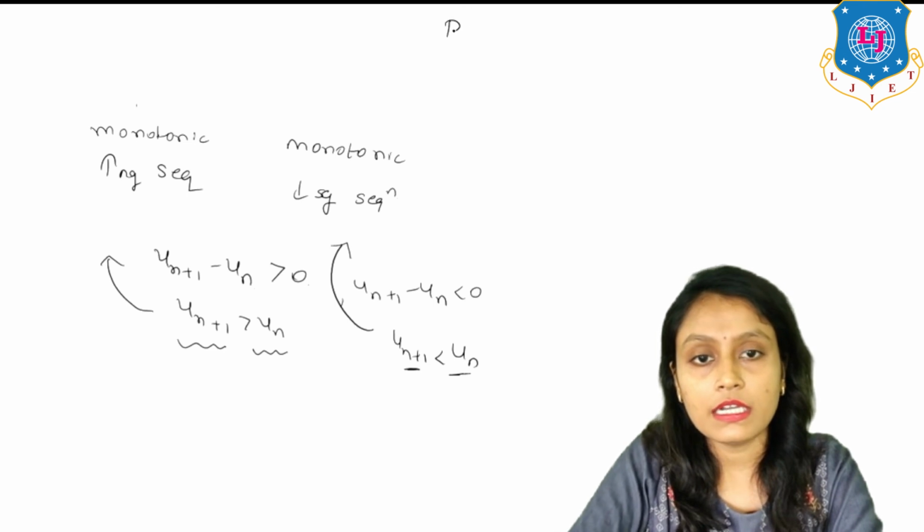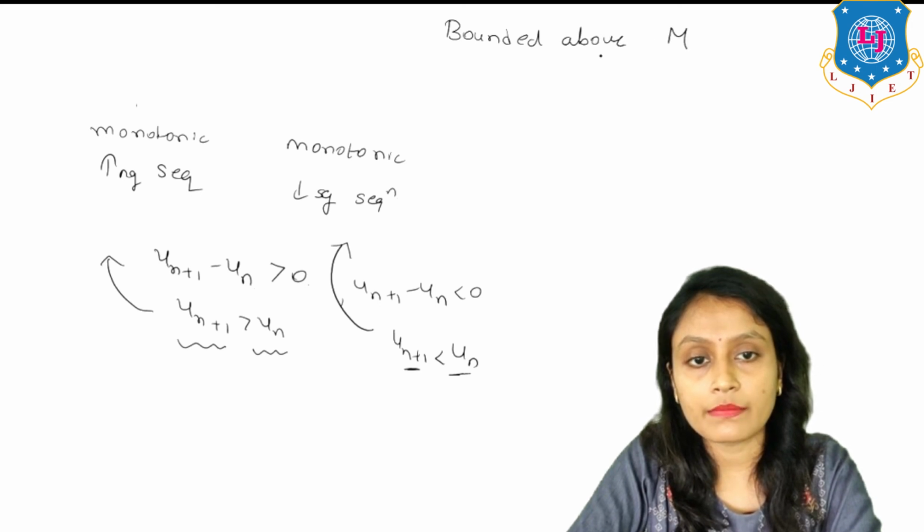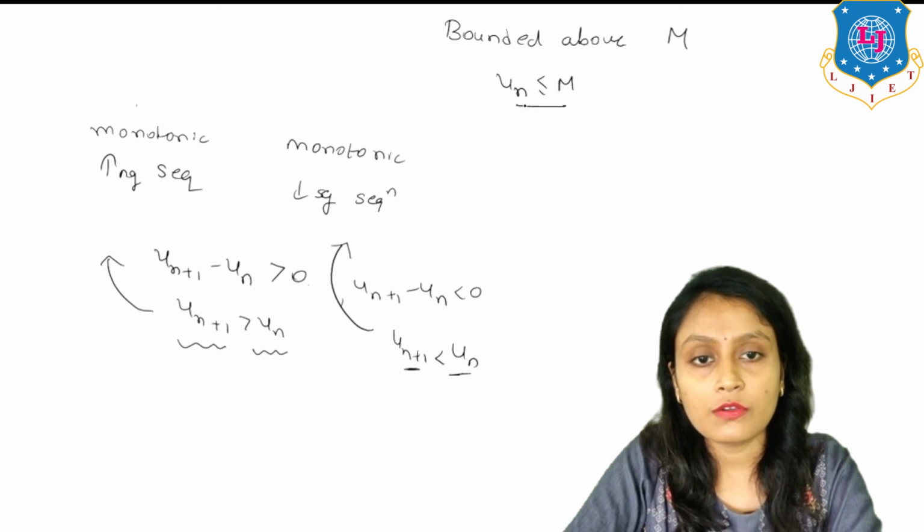Okay, and then we studied bounded above. If we have a capital M such that all the terms of un are less than or equal to this capital M, then we can say that the sequence is bounded above.